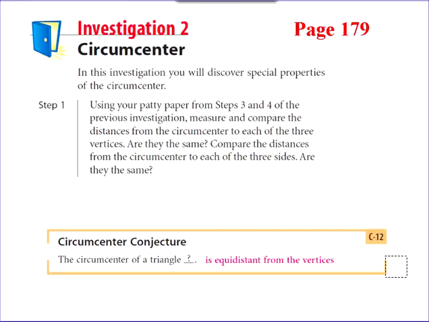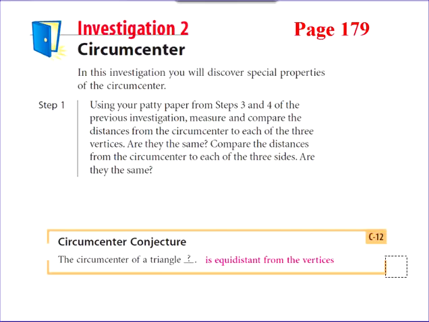Yours might have come off the side. So if you notice, the circumcenter is exactly in the center of the circle, and that's called a circumscribed circle, because we've used the circumcenter to draw that.